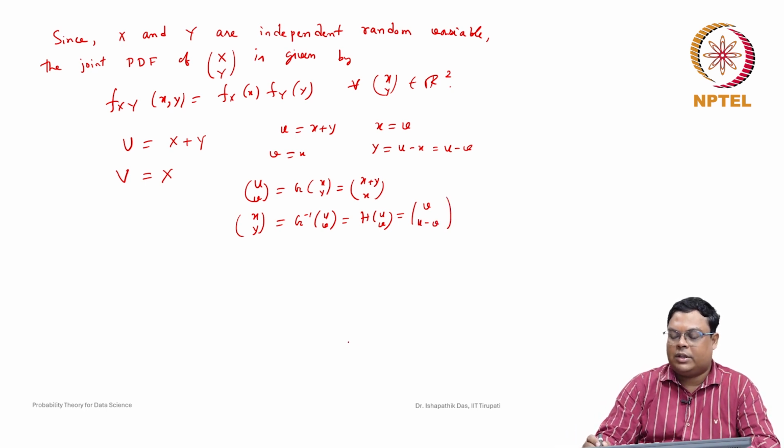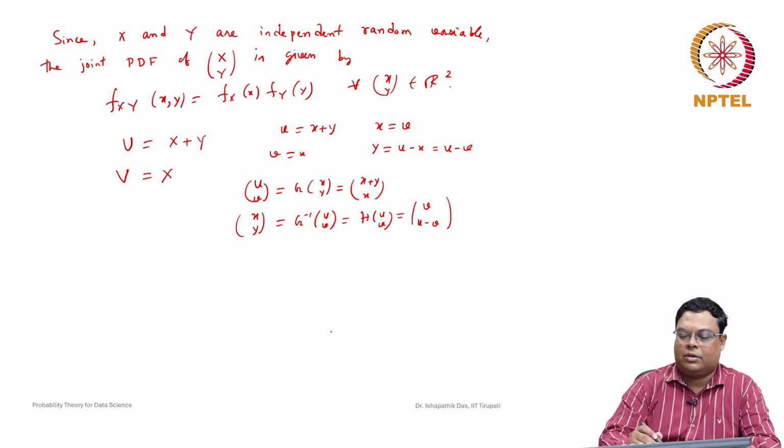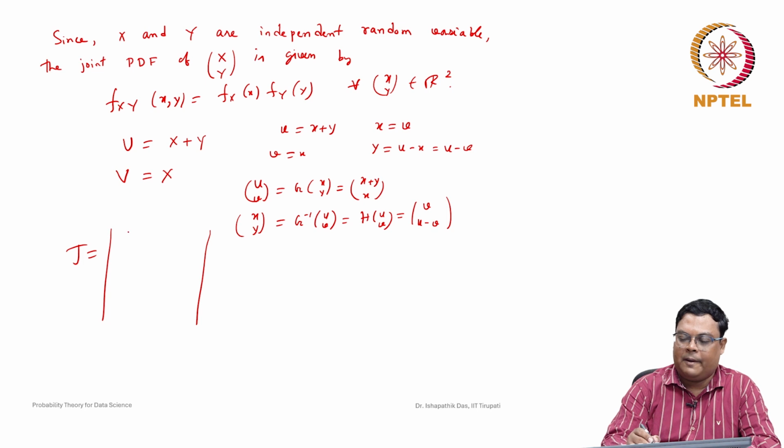Because the inverse of this transformation exists, now we have to check the Jacobian. So what will be the Jacobian? This is the determinant of the matrix, which we write by J: del x by del u, del x by del v, then del y by del u, del y by del v.